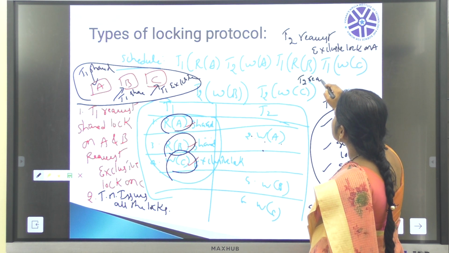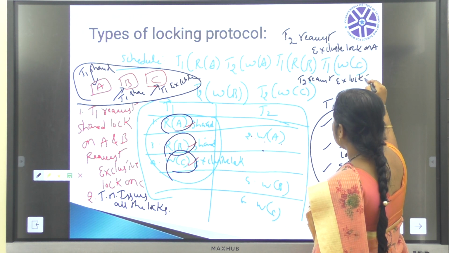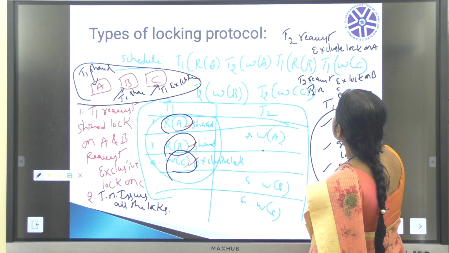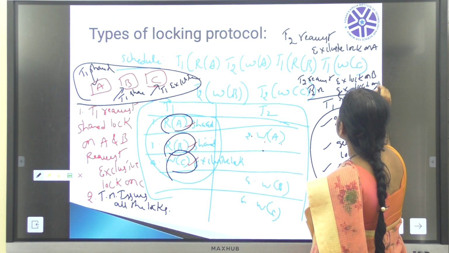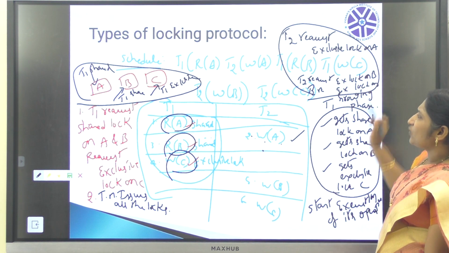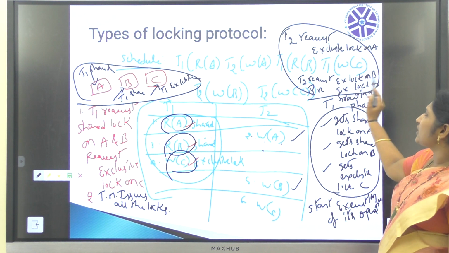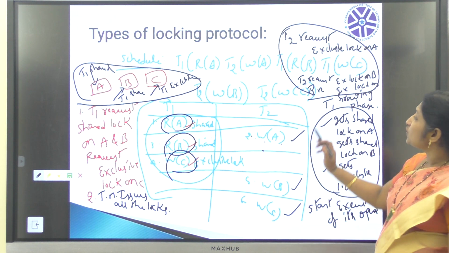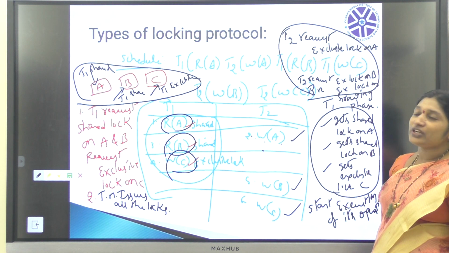T2 requests exclusive lock on B and T2 requests exclusive lock on C. So in order to perform W of A, it should request exclusive lock on A. In order to perform W of B, it should request exclusive lock on B. In order to perform W of C, it should request exclusive lock on C. That is the first step of your T2.